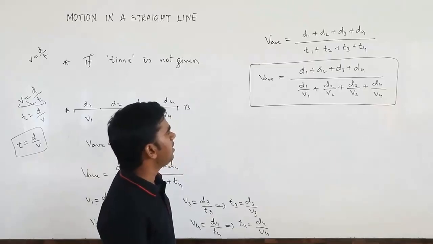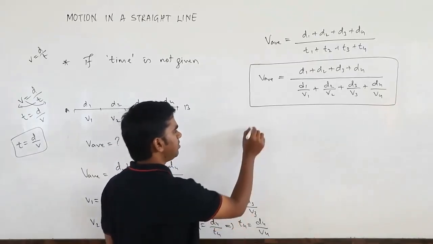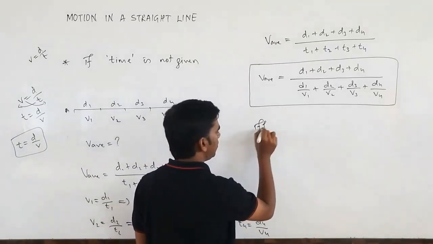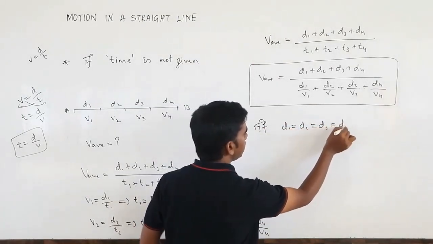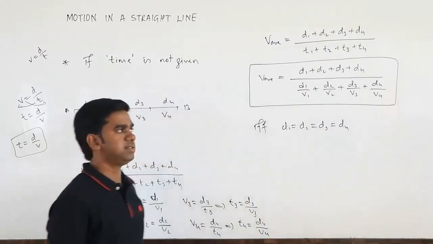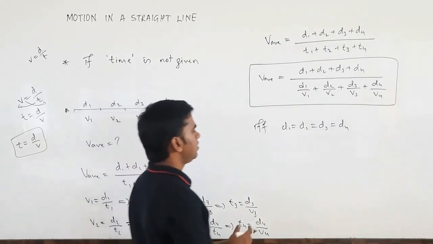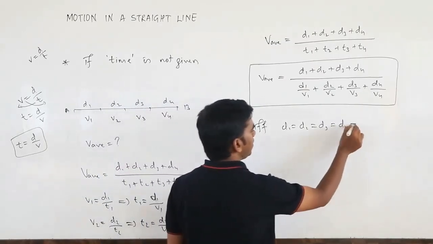Okay. Now if, and only if, d1 is equal to d2 is equal to d3 is equal to d4, if the situation is like this, what will you do? You can take d as common.